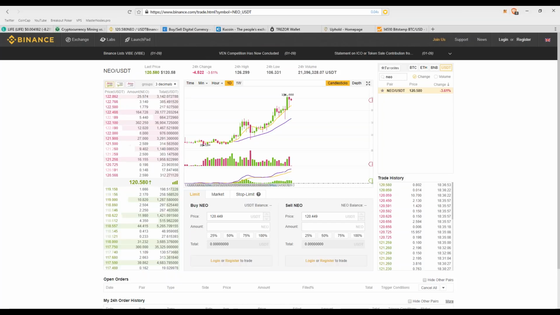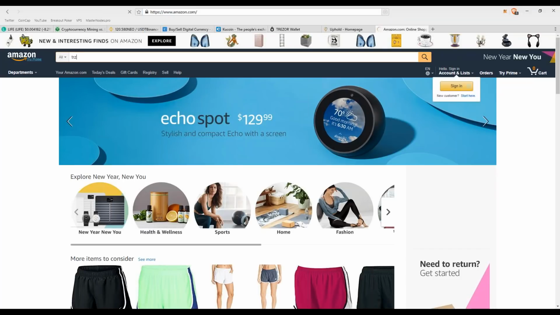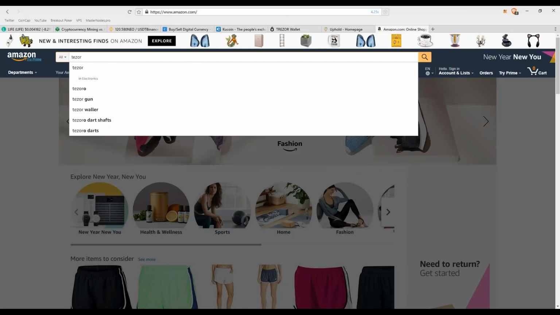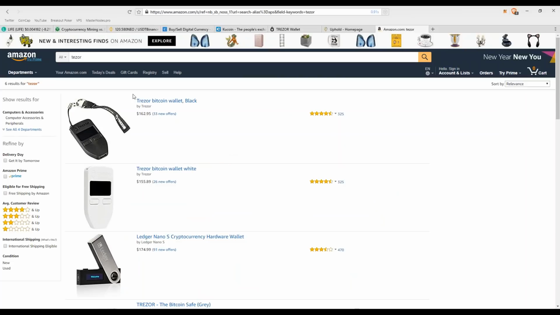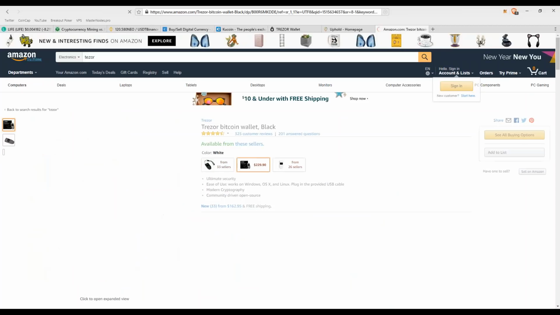Is it possible to show us the wallet that you mentioned we could get on Amazon? I don't think I'm logged into Amazon. But if you go to Amazon.com, all you do is type in Trezor, and it's this guy. You want to make sure you buy it from them. Oh my God.